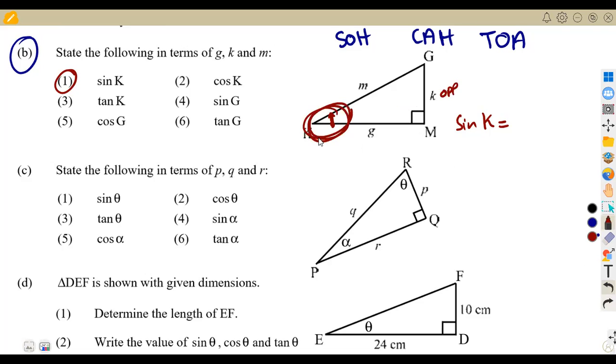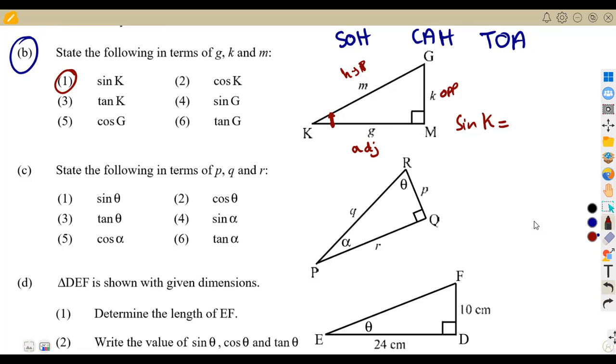This angle k and this 90 degrees are sitting on the same line, which means they are adjacent to each other. So this is the adjacent, and the KG, the one that faces the 90 degrees, is always the longest side, which is the hypotenuse, and it does not change according to the angle that you are given. It always faces 90 degrees.